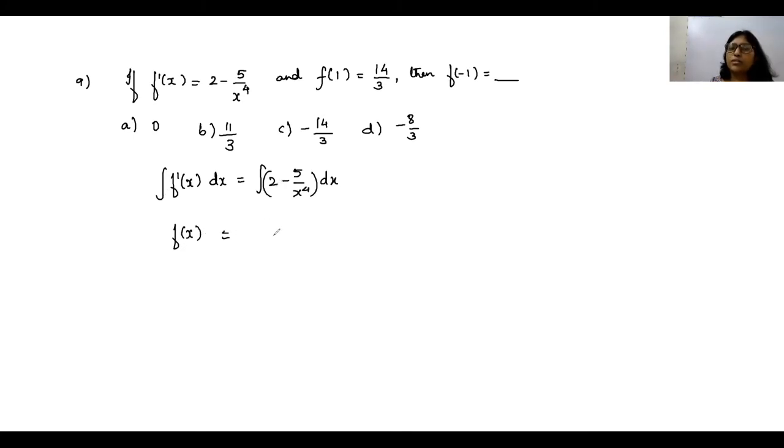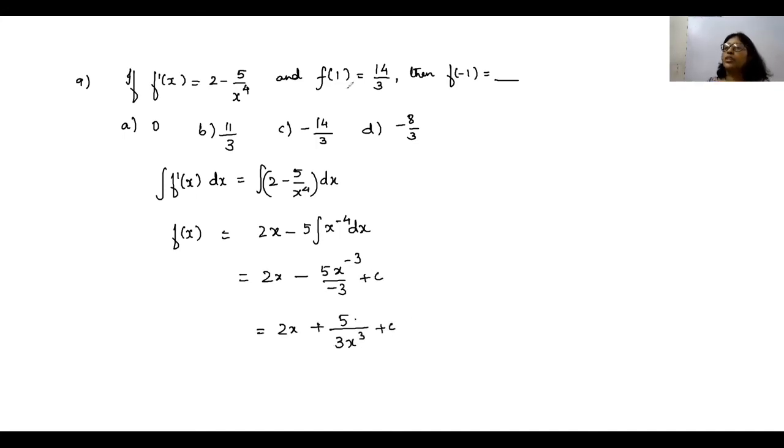This is 2x and this is 5 into integration of x raised to minus 4. So that becomes 2x minus 5 x raised to minus 3 upon minus 3 plus c. On putting f of 1 as 14 by 3, we will get the value of c. So put 1 here.